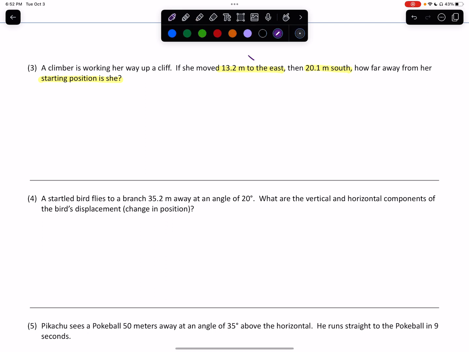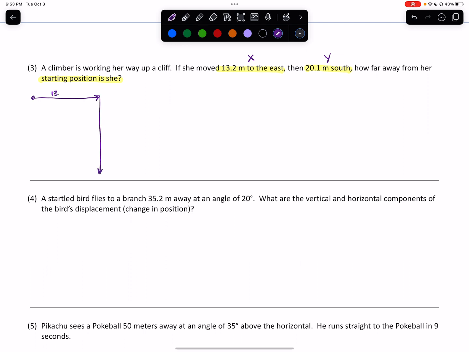So we've got two directional pieces. We've got a horizontal piece and we have a vertical piece. So we're going to draw those as vectors, trying to do our best to be relatively in the right size, and then we'll connect with our resultant. So we're moving to the east 13.2 meters and then down a little bit further at 20.1 meters.